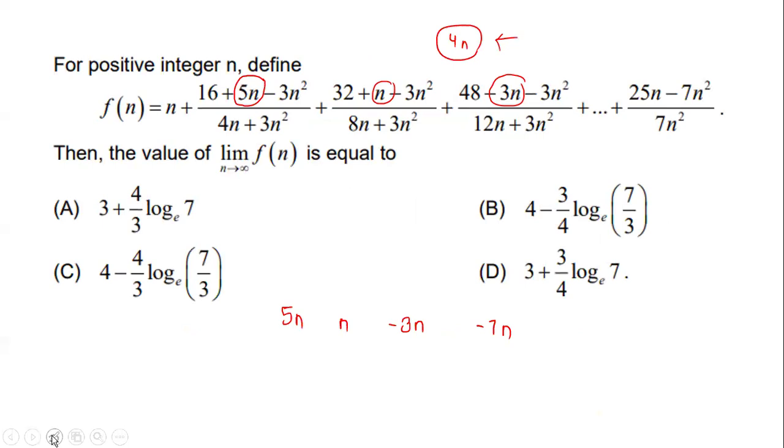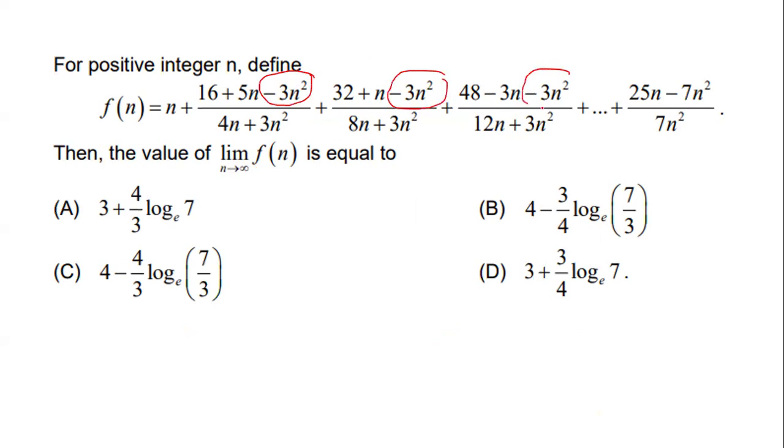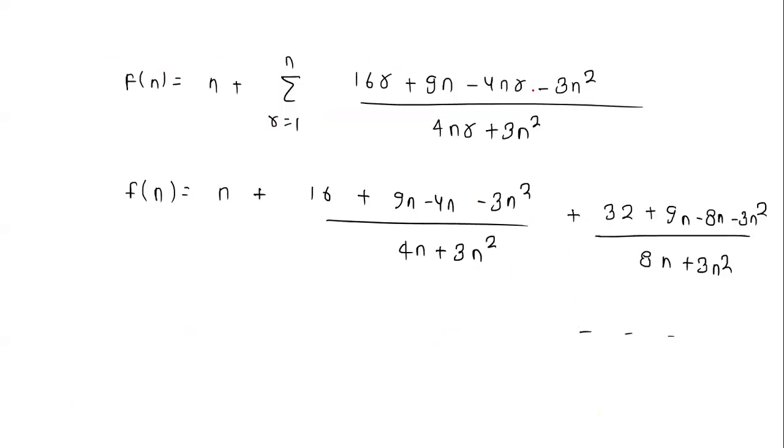And the last term, if you see in the numerator, it is minus 3n square here. Also here minus 3n square. Here it is also minus 3n square. And in the last, it is minus 7n square. So this term is minus 3n square here. And if you see how the last term is coming, if you put r is equal to n here, it will come like 16 times n plus 9n minus 4n square minus 3n square.